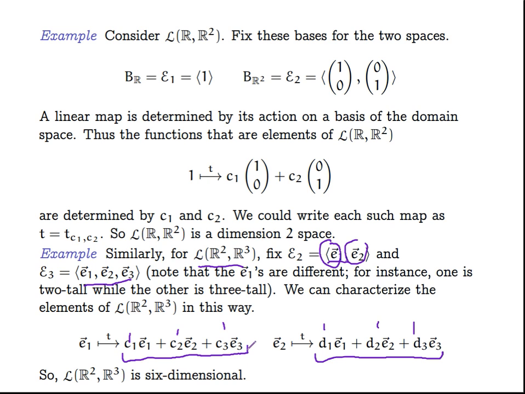Okay. Now, do you see the generalization here? When we had R1 to R2, we had a 2-dimensional vector space. When we had R2 to R3, we had a 6-dimensional one. See if you can see what the pattern is here. But notice that for each vector in the basis of the domain, there's going to be a number of arbitrary constants equal to the dimension of the codomain.